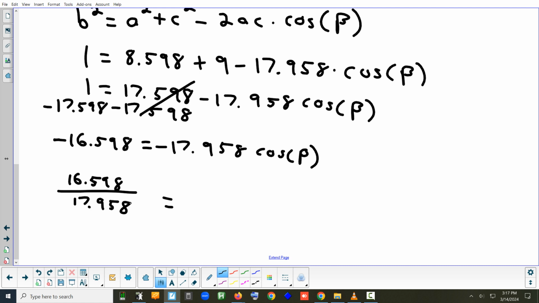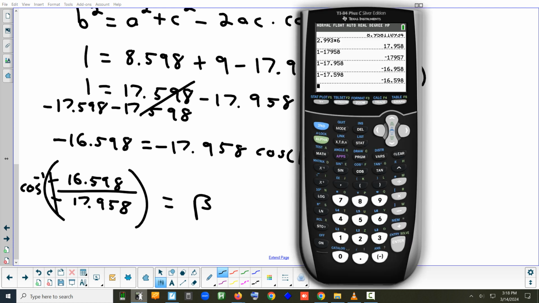And since they're both negative, the negatives are going to cancel. So that's gone. And we can get rid of cosine at the same time. What would we do to get rid of the cosine? Inverse cosine. Yep. So inverse cosine. And now we can see what we get.